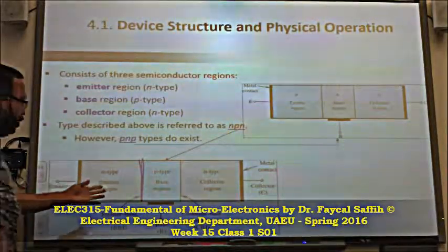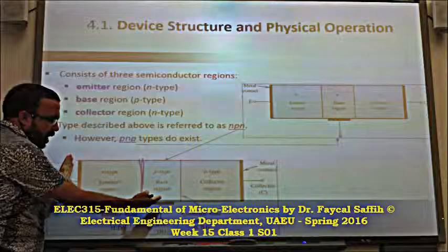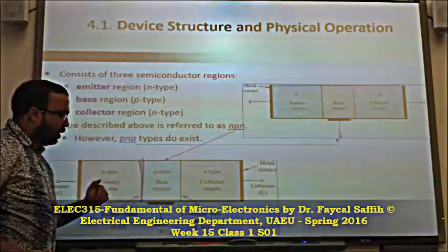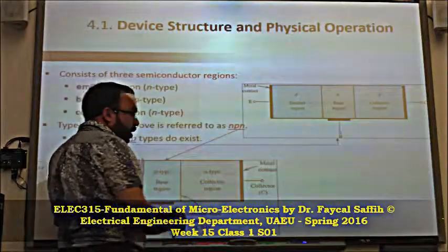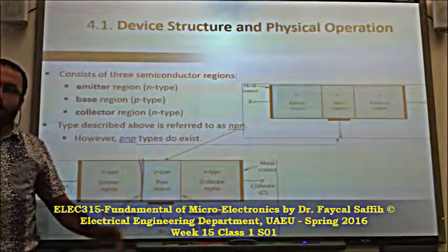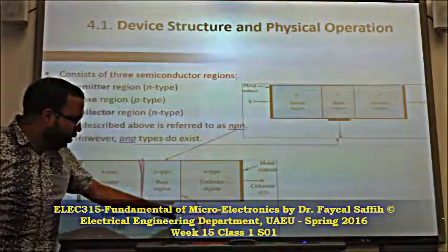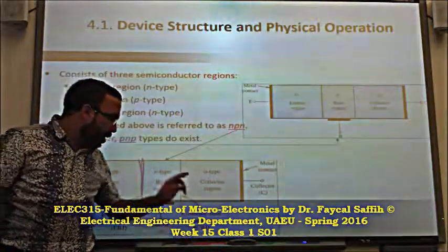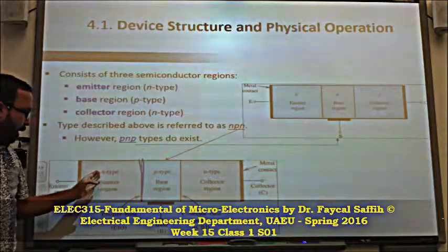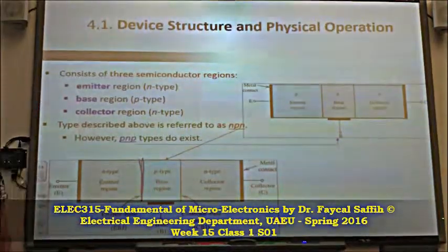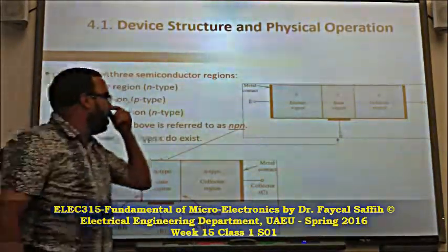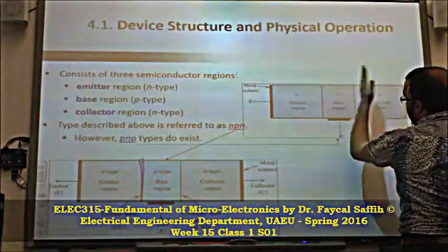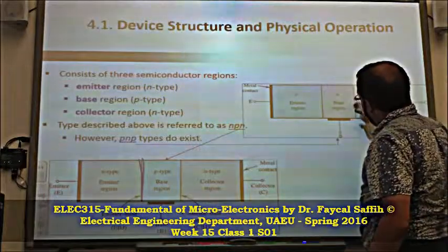So basically we have two diodes here: the emitter-base diode and the collector-base diode. Here is the collector-base junction, and this one is the emitter-base junction. The same thing in the PNP: the emitter-base junction and the collector-base junction. This is where the junction is.